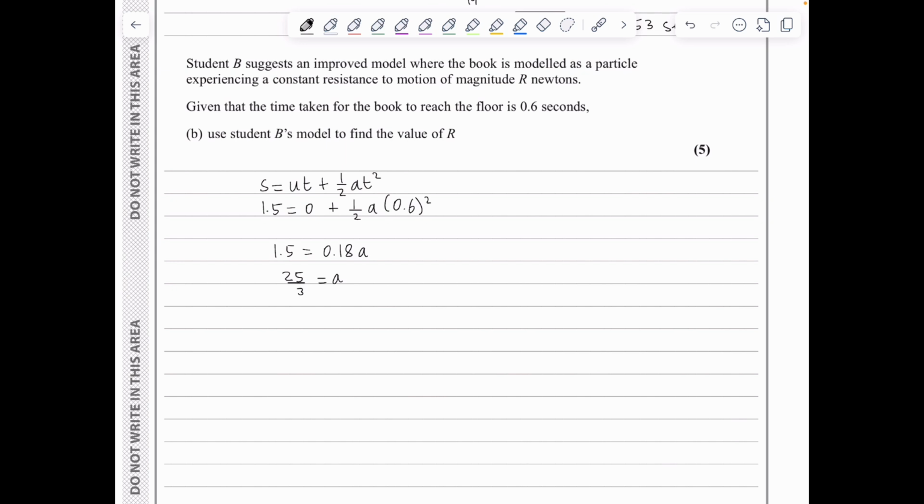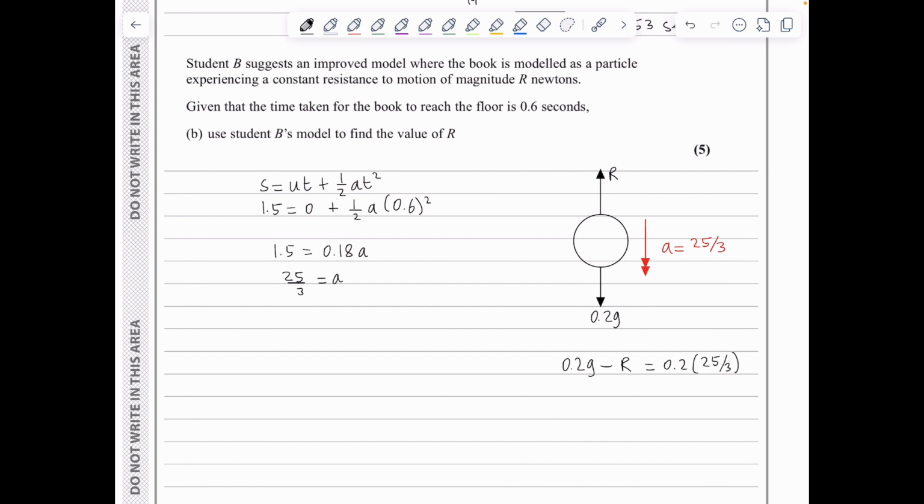That is the acceleration that the particle is experiencing. So it makes sense to draw a quick sketch. The particle is feeling its weight of 0.2g pointing downwards, and we've got this resistive force of magnitude r pointing upwards. The overall motion is downwards, so we've got acceleration of 25 over 3 downwards, and therefore we can say that the forces acting downwards, 0.2g, minus the forces acting upwards, which is r, is equal to mass times acceleration.